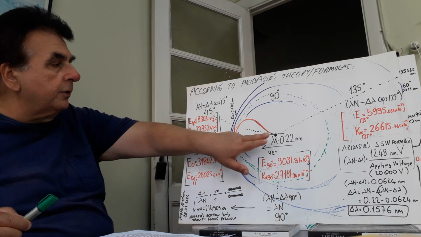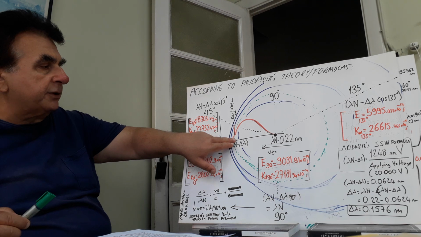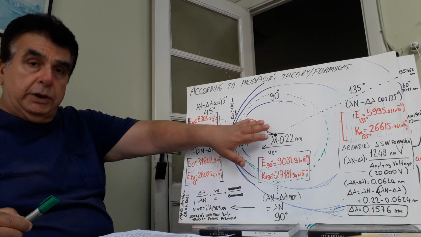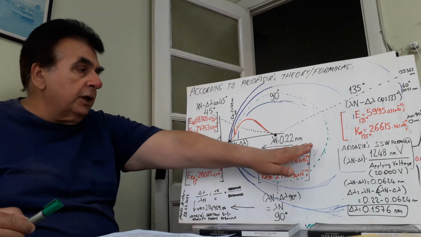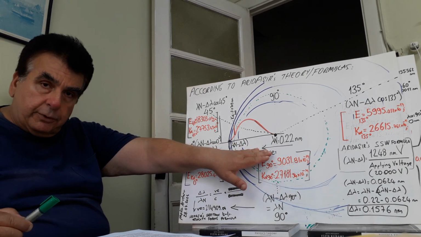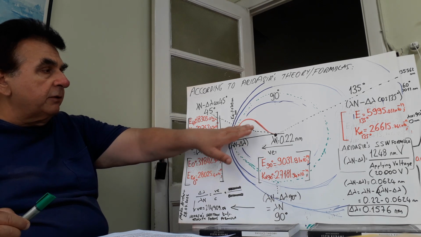As I told you before, here is the continuous spectrum. For each point, the wavelength will change according to the motion direction of the electron motion form.